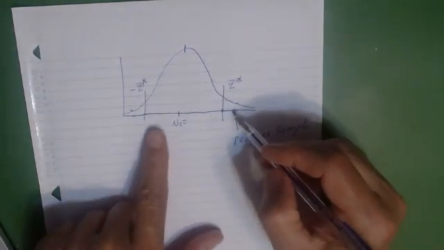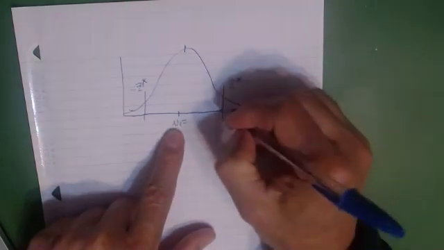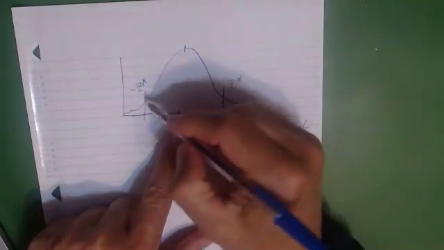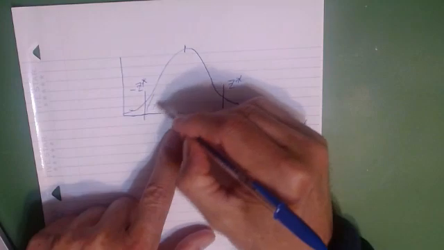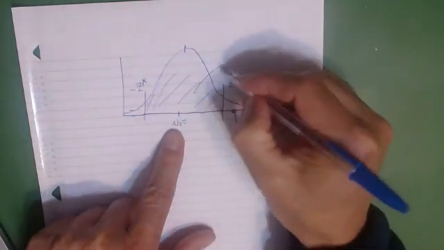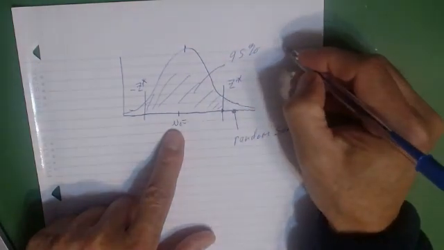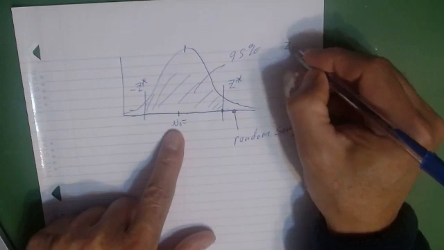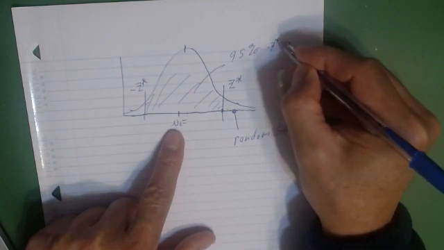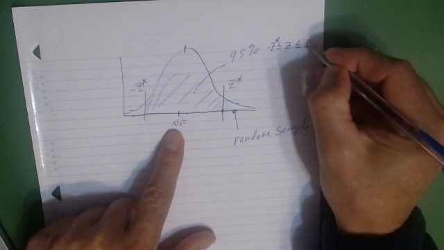So all we're doing is we're saying at 95% confidence, if we randomly get a sample, there's a 95% chance that our sample Z, that negative Z star is less than or equal to Z is less than or equal to Z star.